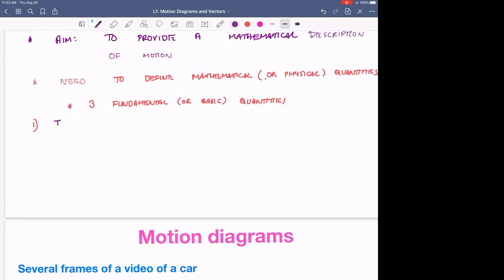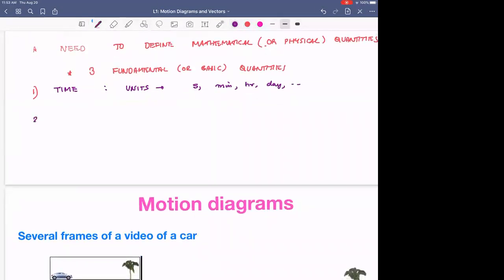So obviously the first one would be time. And as I introduce these quantities, I'll talk about the units that we use to measure them. Well, the units are seconds or minutes or hours or days, years and so on. Another quantity: an object is moving from one position to another.